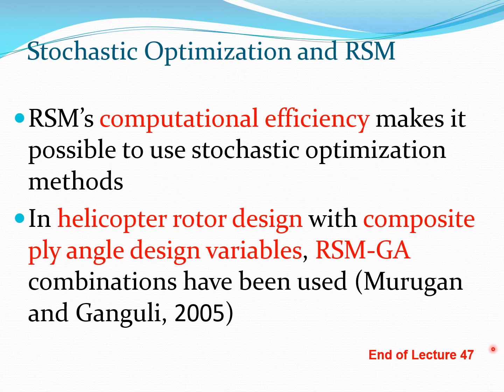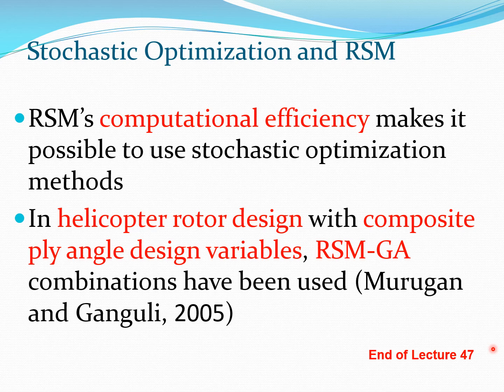Now, one thing I should mention before closing is that the simplicity of the response surfaces, which is because of their use of the polynomials, makes it very useful for use with stochastic optimization methods. Now, stochastic optimization methods have a good point in that they are multimodal, that is, they can find a solution of problems which have many minima.